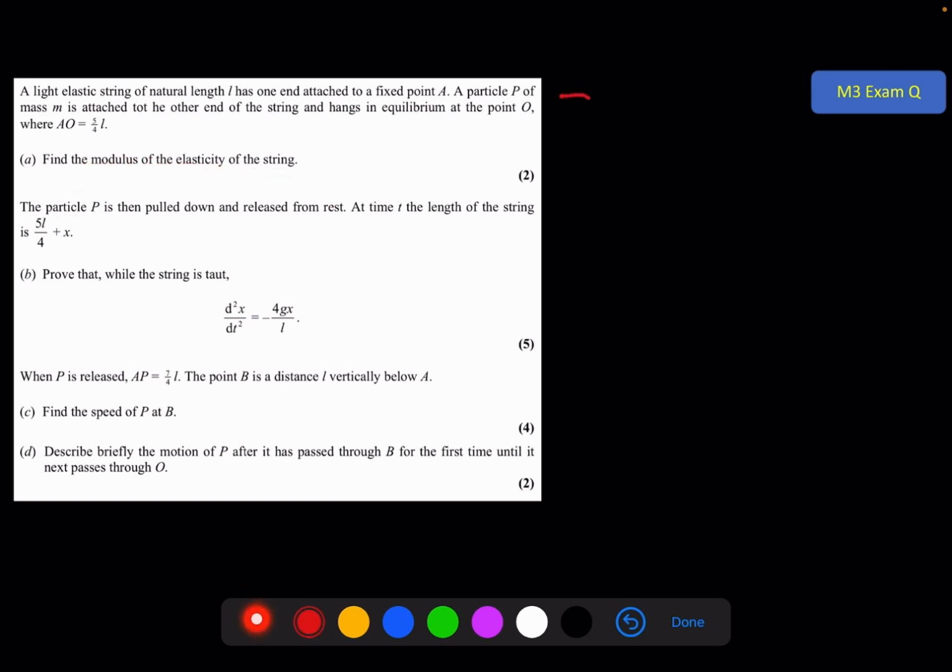So we have our string, hanging with a particle of mass m on the end, and there's tension in the string.